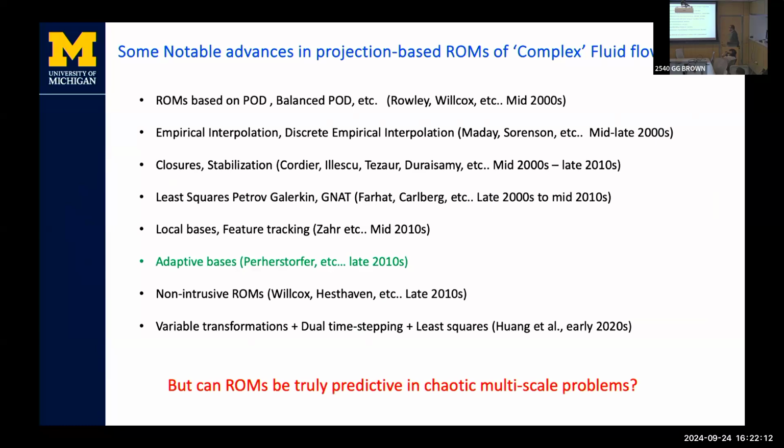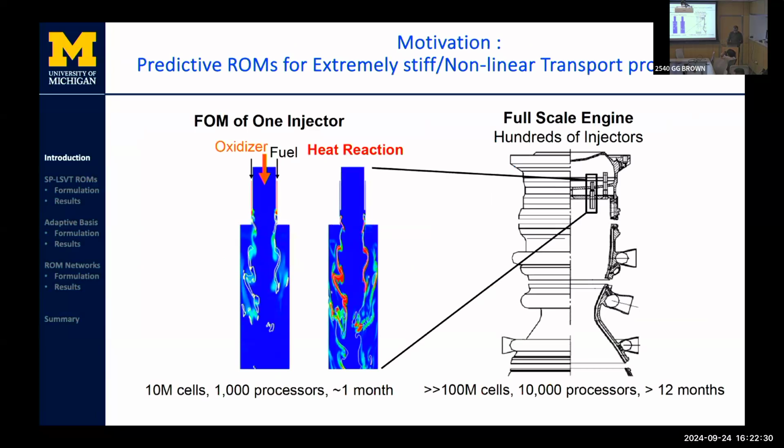But what we want to do in this talk is to explore the question whether these reduced order models can be truly predictive in the kind of problem that I showed you earlier, and address this very complex physics under the conditions that I mentioned earlier. And again, reminding you that these calculations, even for one injector, are expensive, and real rockets have many injectors.